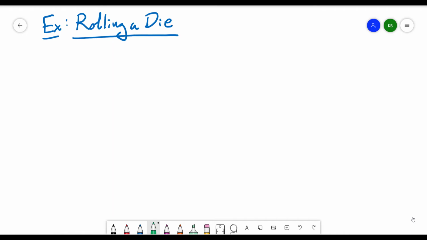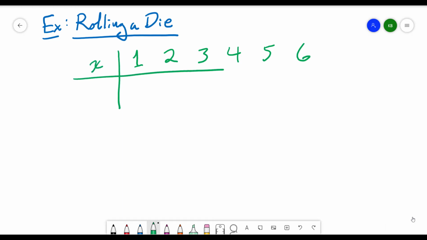Let's consider a simple example of rolling a die. When we roll the die, it can have outcomes of 1, 2, 3, 4, 5, or 6. Those are all possible x values for my random variable. Now, f(x) in my probability distribution is the probability of each of those numbers occurring.